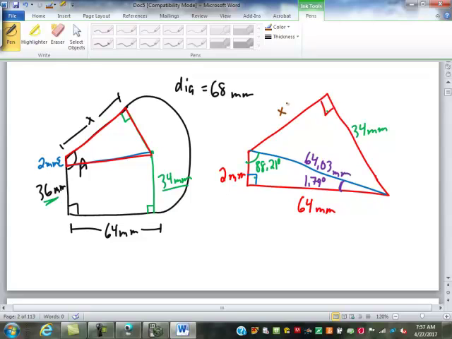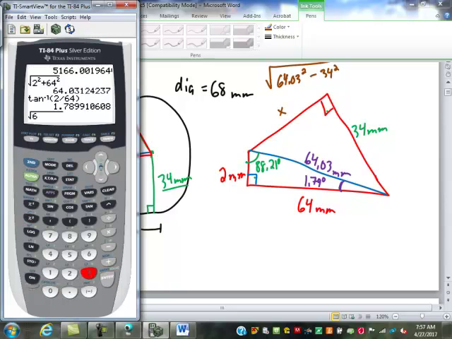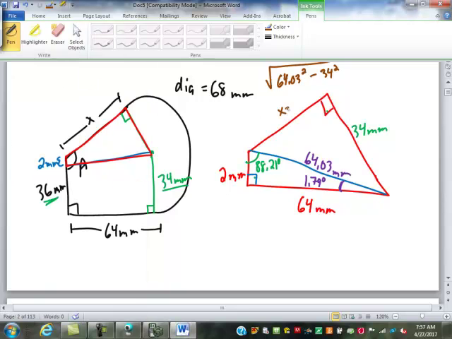X is one of the legs, so it's going to be the square root of 64.03 squared minus 34 squared. Give us 54.257 millimeters.